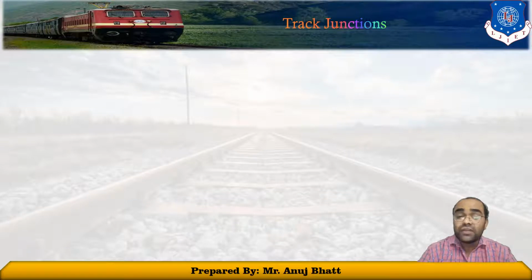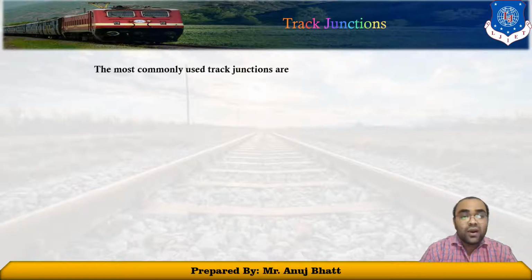Depending upon the requirements of traffic, there can be several types of track junction with simple track layouts. Let's see the most commonly used track junctions in the Indian Railways.